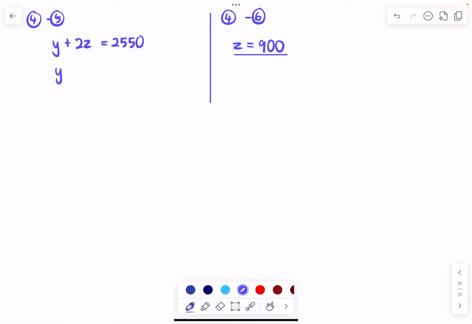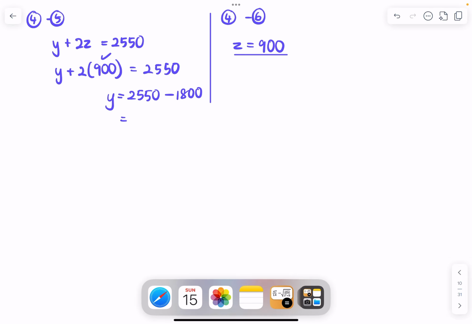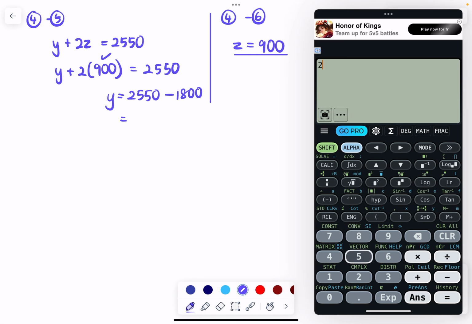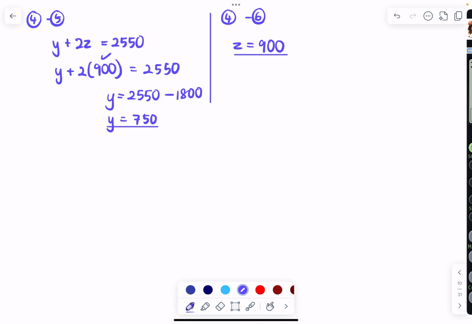So we can say y plus 2 times 900 is 2550. So y will equal to 2550 minus this. 2 times 900 is 1800. 750. Done. So we got y and z.